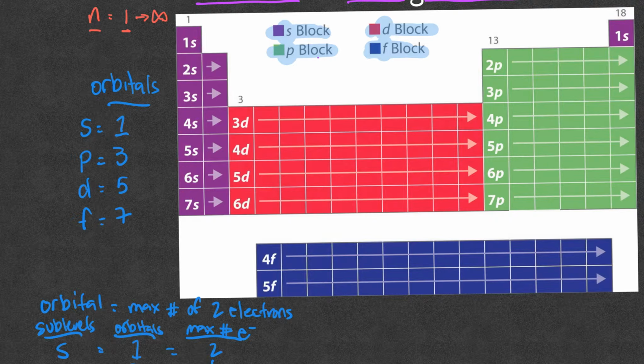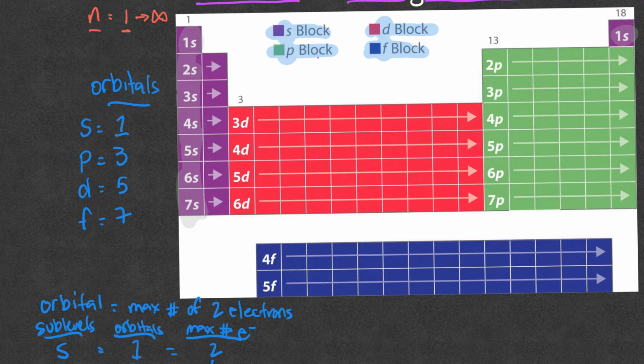The S sublevel can exist in all energy levels. You see S starts out up here, and it goes through 2, 3, 4, 5, 6, 7. So all the energy levels contain at least an S sublevel.